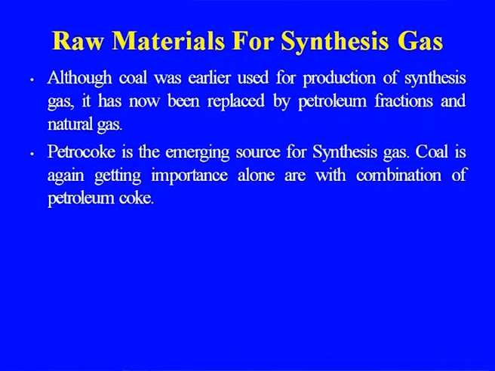Although coal was earlier used for the production of synthesis gas, it has now been replaced by petroleum fractions and natural gas, because you see the birth of the chemicals was through the coal route, not through the petroleum route. So, petrocoke is another emerging source for synthesis gas.